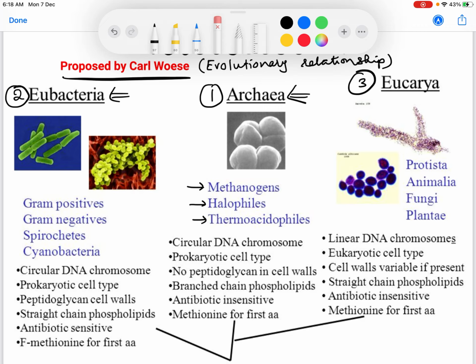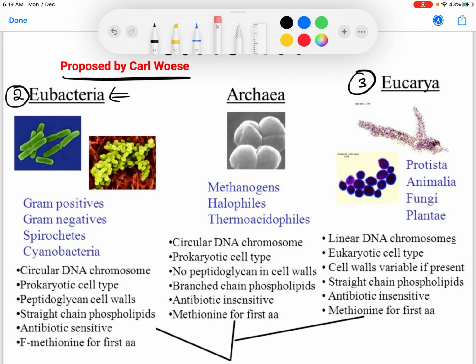And the last one, the third category, is thermoacidophils. If the water is at high temperature or low pH, that is acidic water, they are found in those kinds of extreme conditions. So they are naturally found in extreme conditions, not in normal conditions.